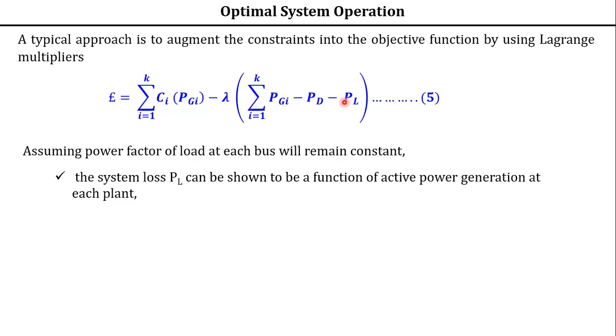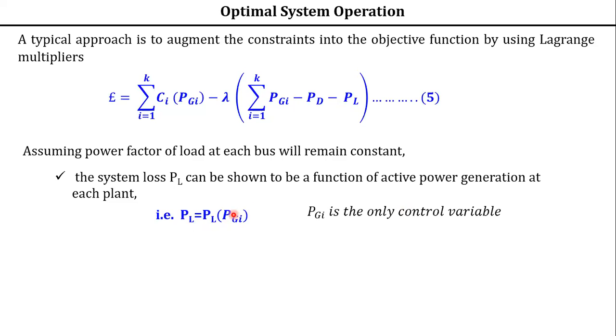And how is it denoted? PL is a function of active power generation. Understood? PL is represented as PL of PGi, so here it is PGi. There may be K number of generating plants. PGi is the only control variable here. You can control only PGi, isn't it?